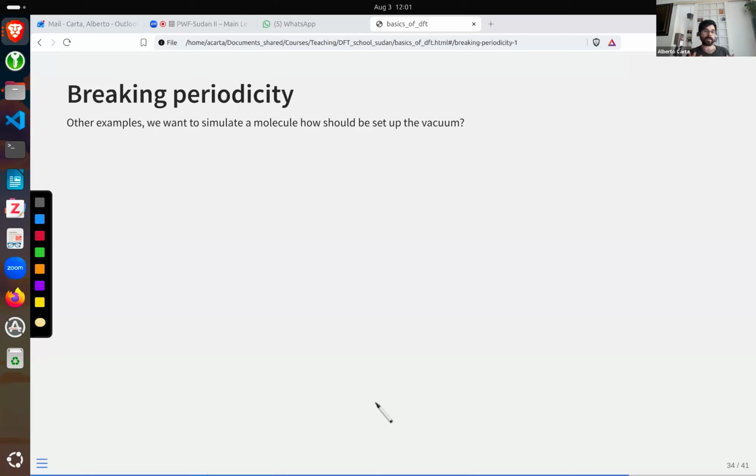Okay. So another example is that if we want to simulate a molecule, and we know that we can only simulate this periodic system, how would you go about simulating a molecule in terms of vacuum? Maybe let's let participants chip in here. Remember, we have a choice of a basis that is very good for crystals, but sometimes we want to simulate molecules with it.